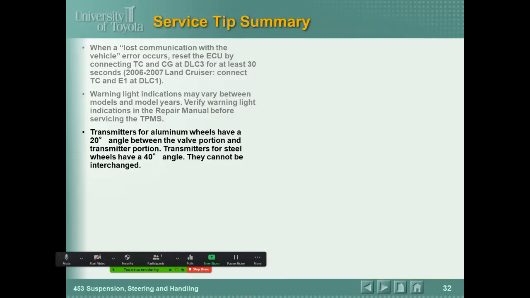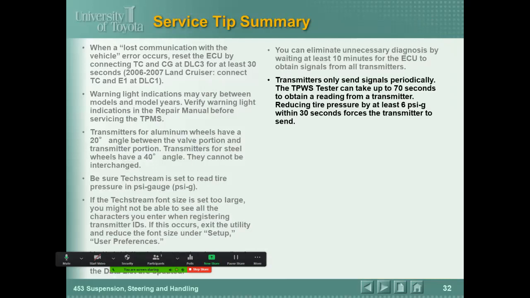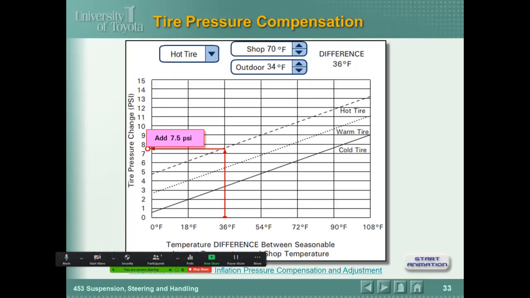Go past this stuff right here. Okay, so this is really important, and sometimes people don't really think about it, but tire pressure will increase and decrease with tire temperature. As the air in the tire becomes warmer, the tire pressure increases, and the inverse is true.